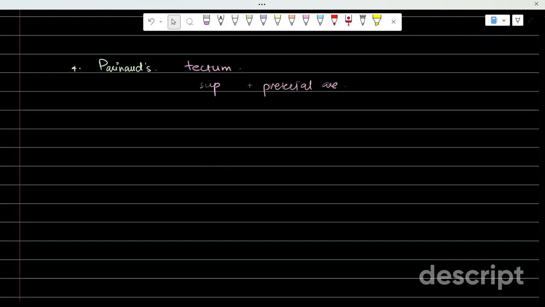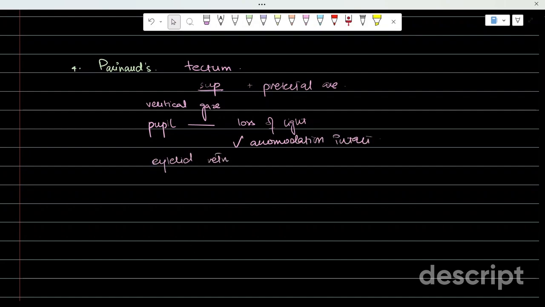This can result due to hydrocephalus or multiple sclerosis, and the structures damaged will result in vertical gaze palsy as superior colliculus is involved. The pupil will react to accommodation, but there will be a loss of light reflex. So loss of light reflex, but the accommodation reflex is still possible. If you come across these symptoms in exam, the lesion will be in tectum of midbrain.